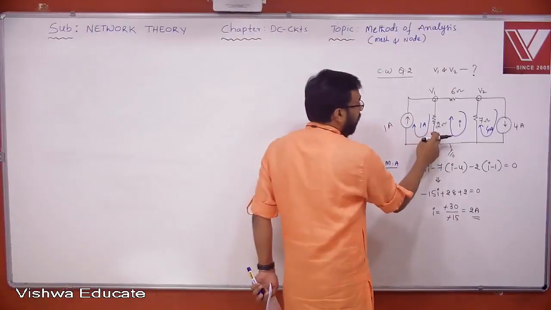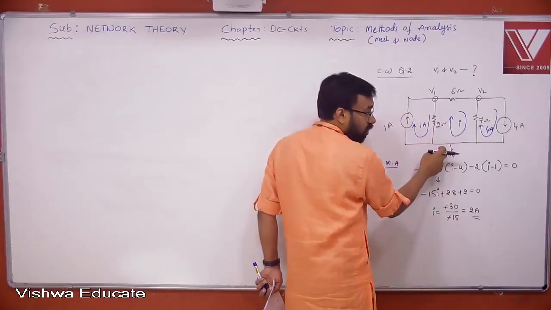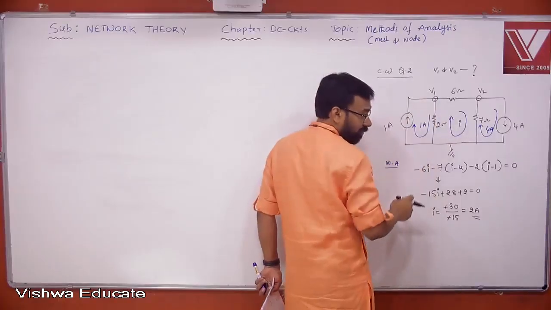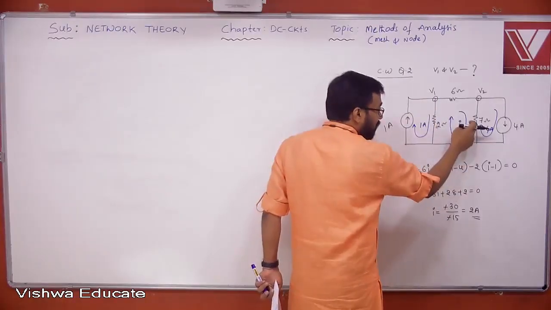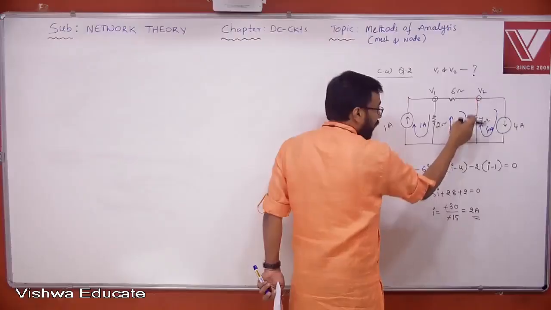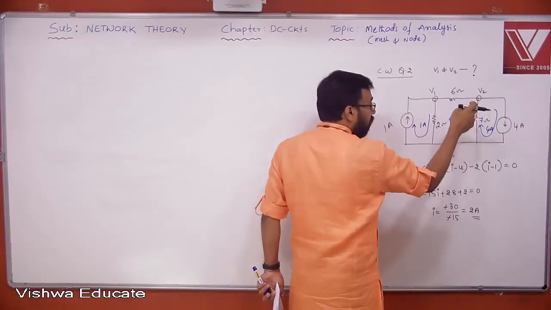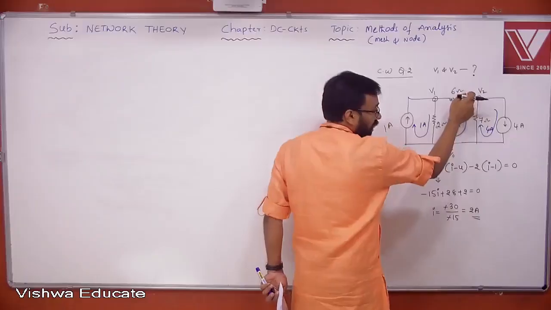Its branch voltage will be the same as the node voltage. Likewise, this element is connected between the second node and the reference node, and its branch voltage will be the same as the node voltage.